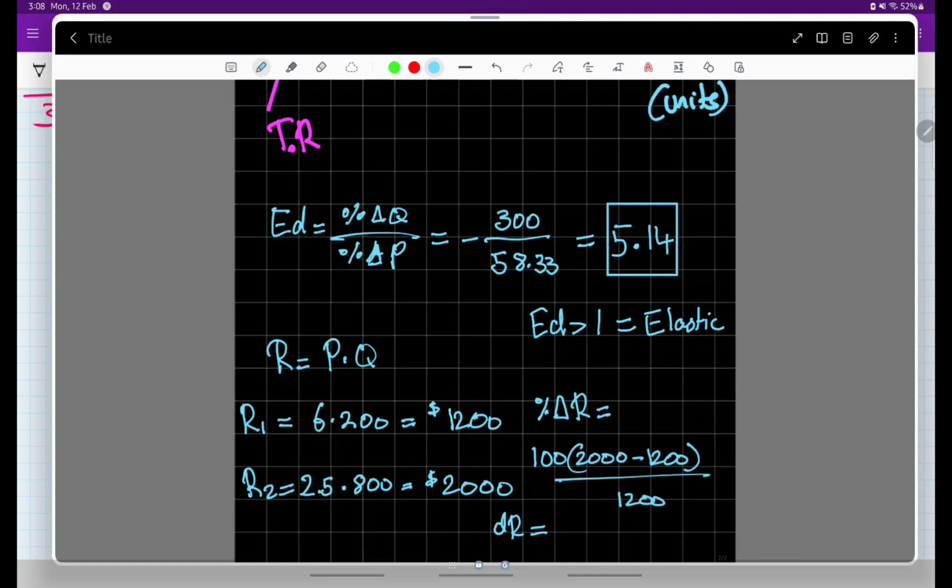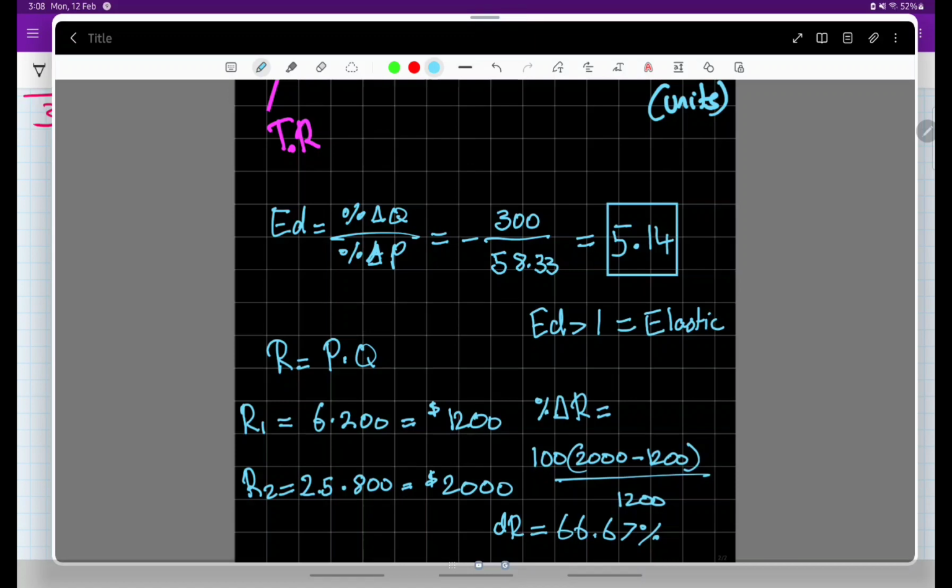Plugging that in. They increased their revenue by 66.67% due to that policy. It's a pretty good increase in revenue throughout the day.